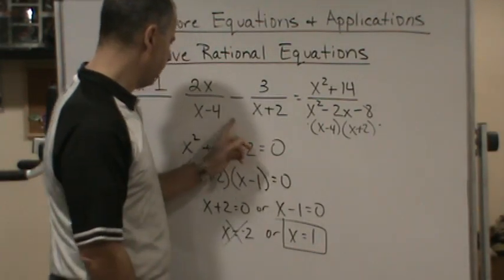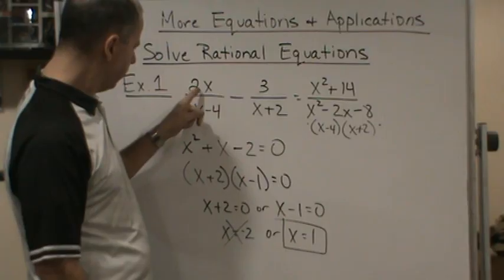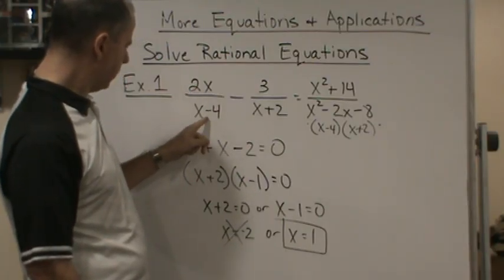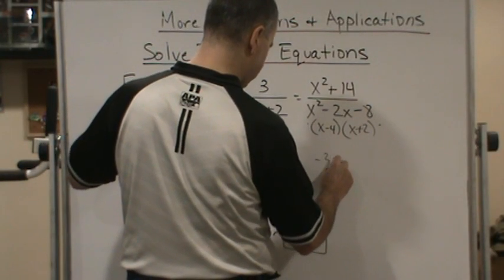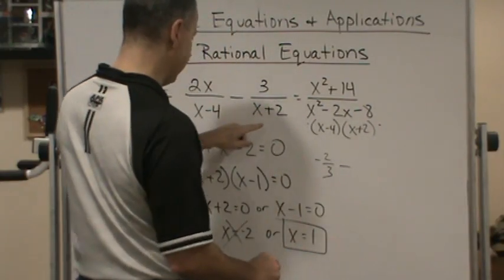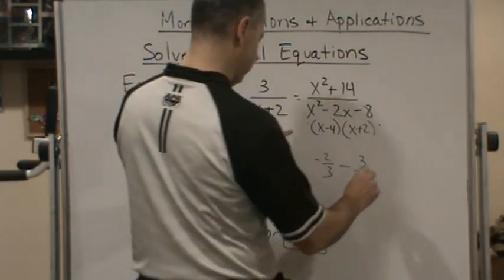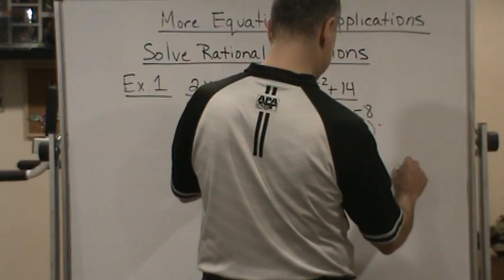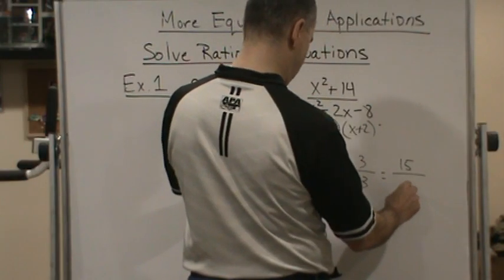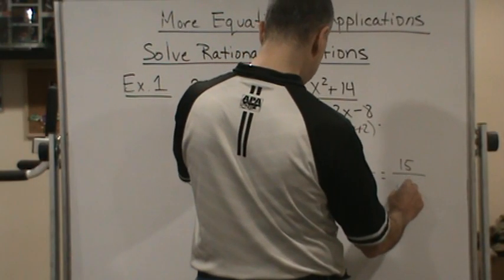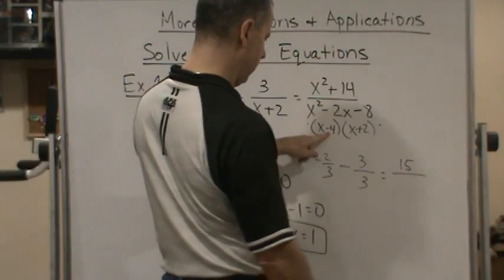Again, if you take 1 and plug it into the original equation, you get negative 2/3 minus 3/3 equals 15 over negative 3 and 3, so negative 9.